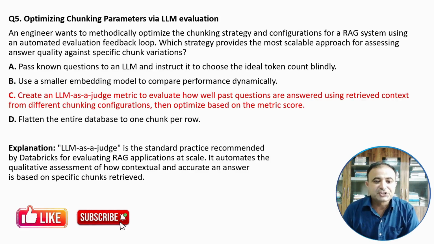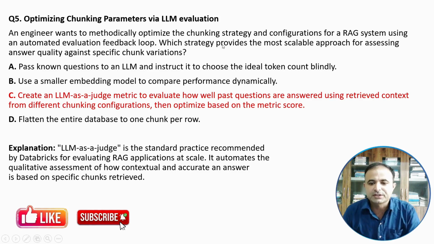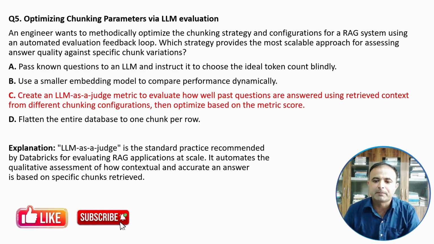Now, optimizing chunking parameters via LLM evaluation. An engineer wants to methodically optimize the chunking strategy and configuration for a RAG system using an automated evaluation feedback loop. Which strategy provides the most scalable approach for assessing answer quality against specific chunk variations?